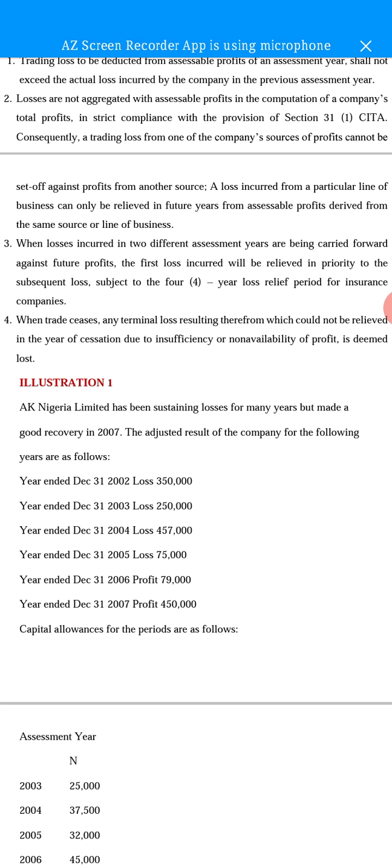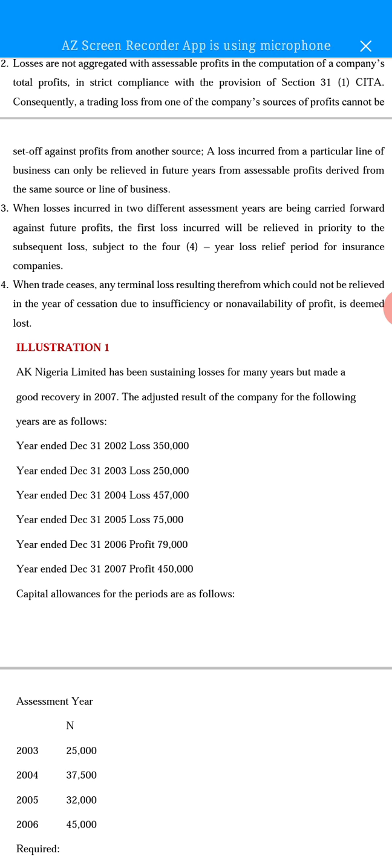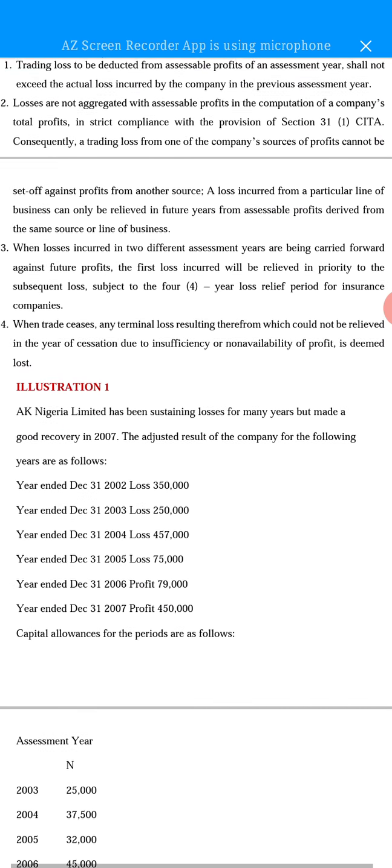That is, more like a first in, first out situation, whereby the loss you incurred first should be relieved first. If you incurred a loss in a particular year, let's say 2003, then you incurred another loss in 2004, and in 2005 you made profit, you should first relieve the loss you incurred in 2003 before you relieve that of 2004.